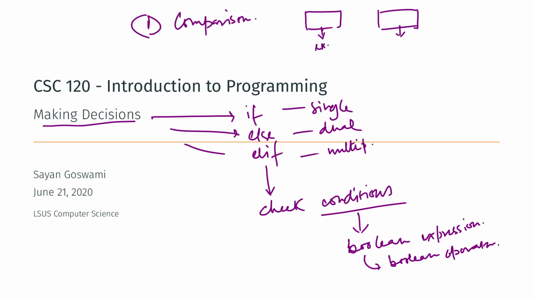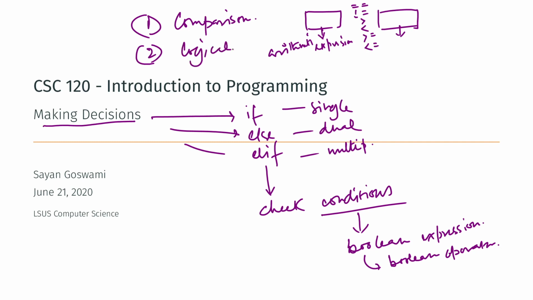So these can be expressions as well, but these are arithmetic expressions, and then they compare these two expressions. So the comparison can be equality, not equal to, less than, greater than, greater than or equal to, less than or equal to.